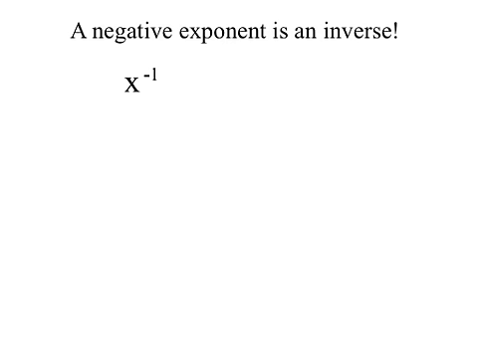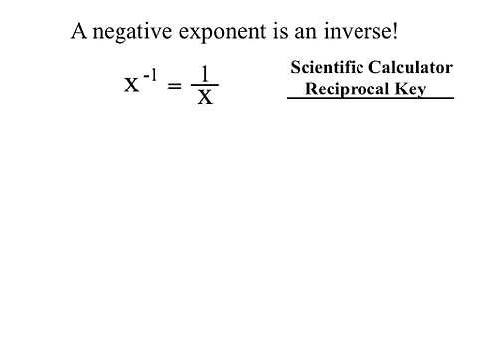Now if I have an exponent there, 1 over x, I'm dropping x into the denominator, and my exponent comes down as a positive exponent. So that's 1 over x to the first power.